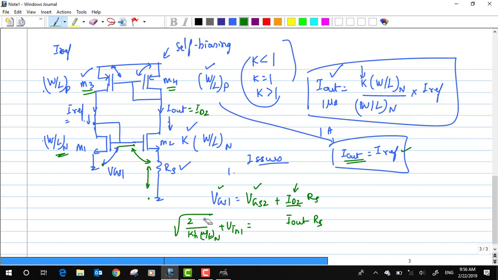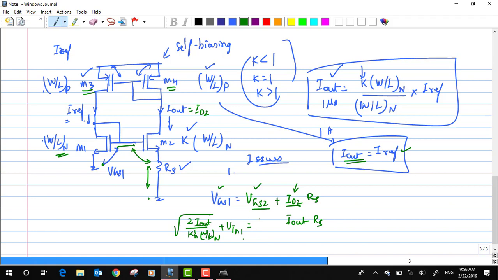Just because M3 and M4 have the same aspect ratio, I end up having the same current for I out as well as I reference, and due to which I can replace this ID1 with I out, clear?